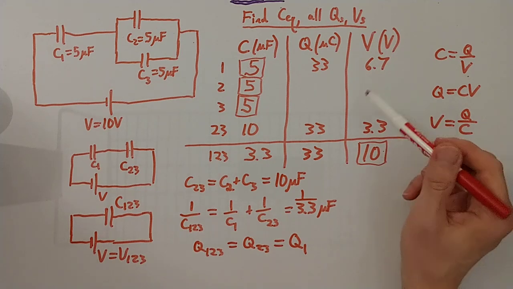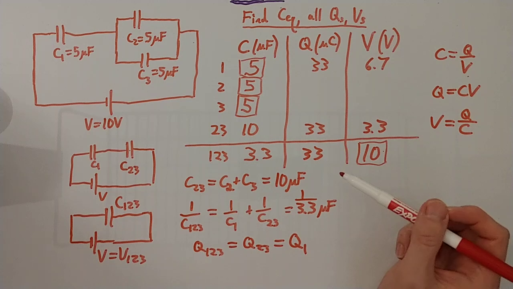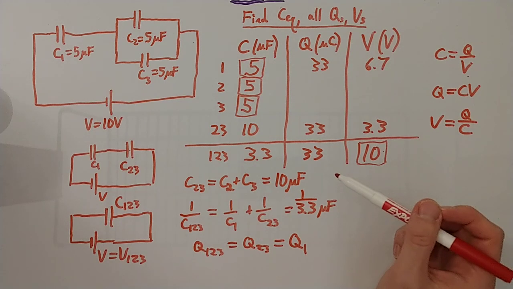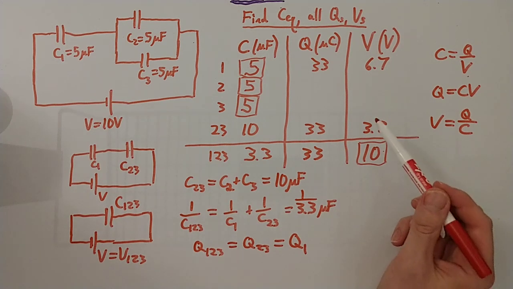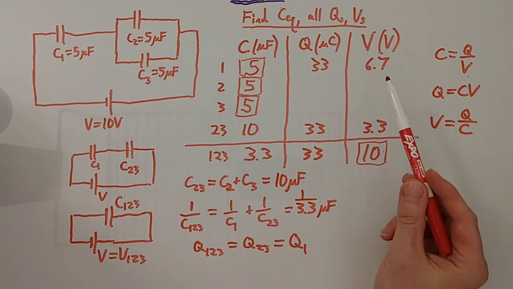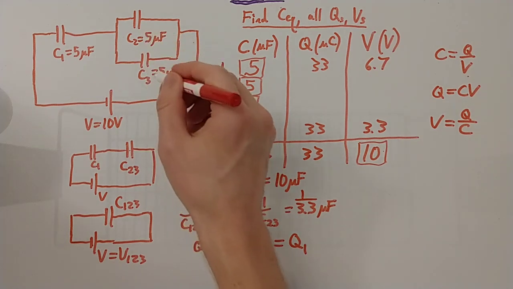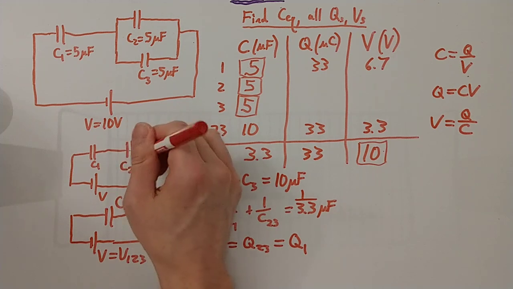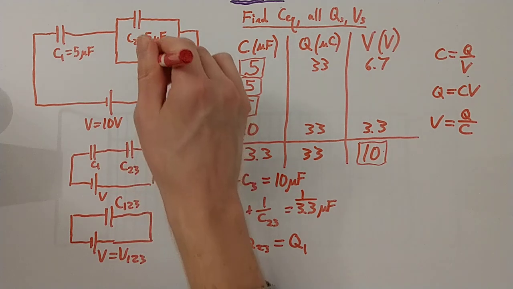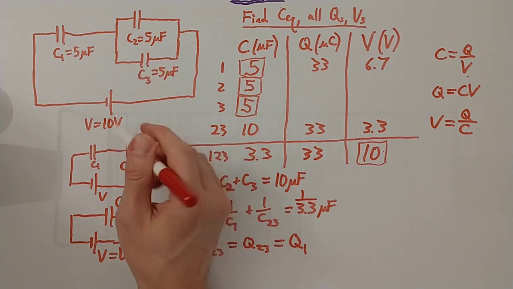All right, but we're not quite finished because now we need to figure out something about C2 and C3. So how are we going to work out information about C2 and C3? Well, again it's useful to think about what is the same. What is something in our equivalent circuit that these two capacitors have in common?